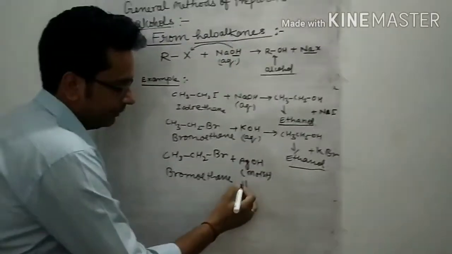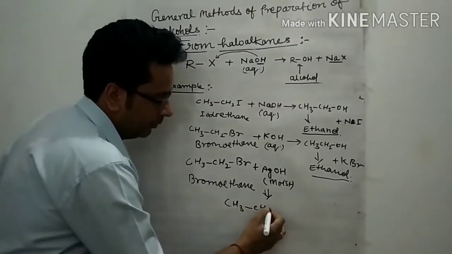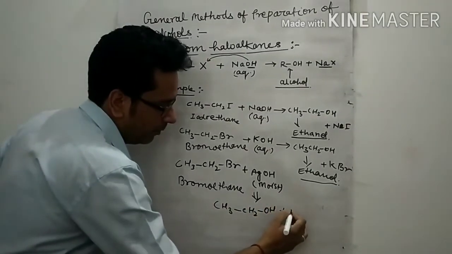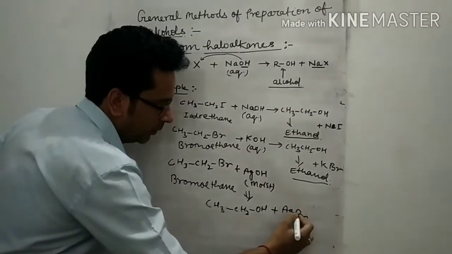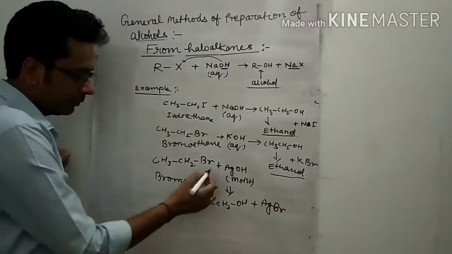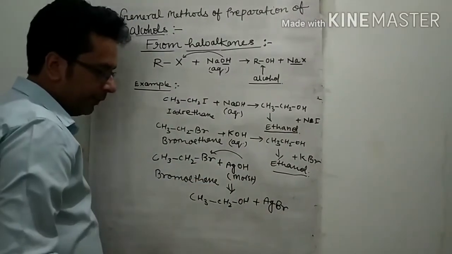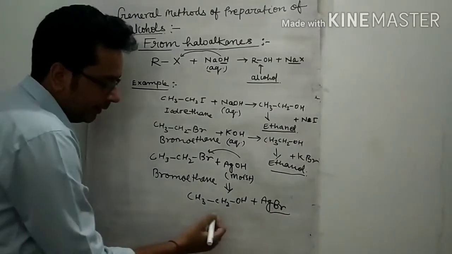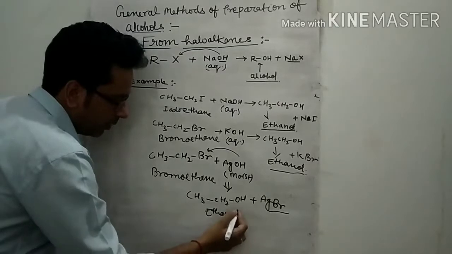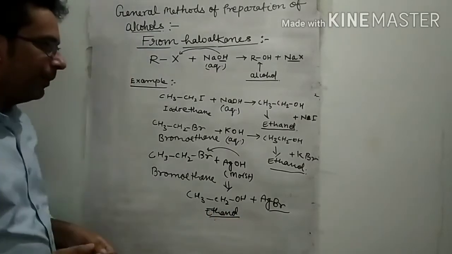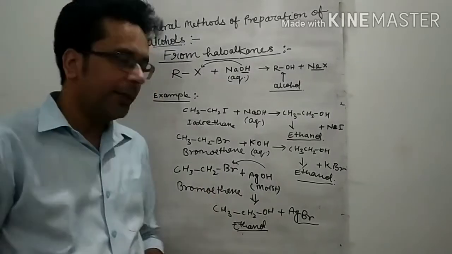So look here, there is formation of silver bromide and alcohol, and the alcohol is ethanol.